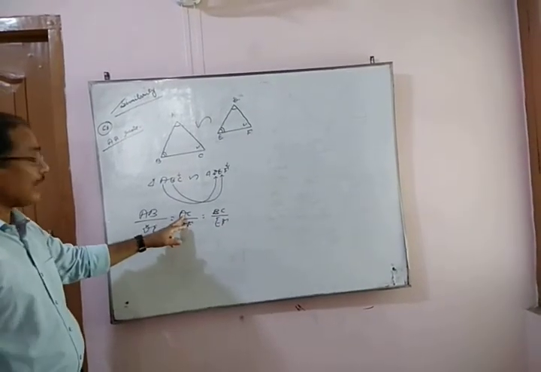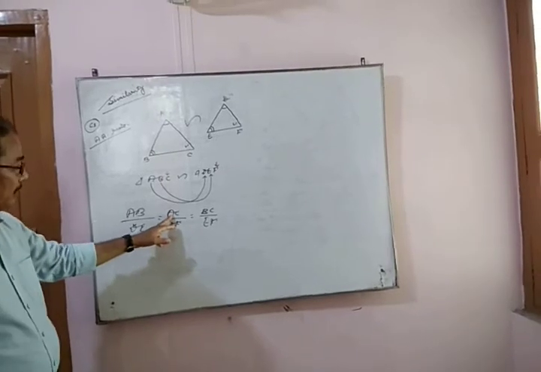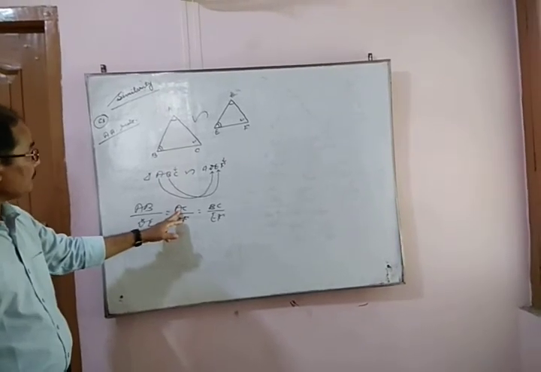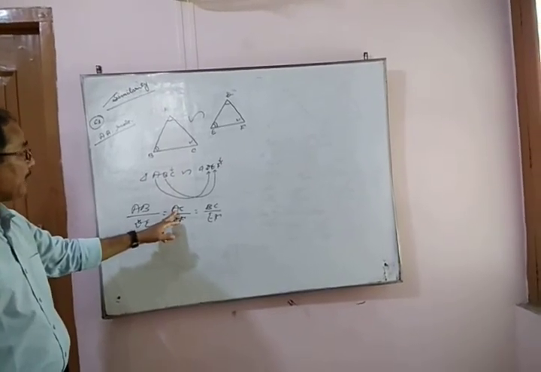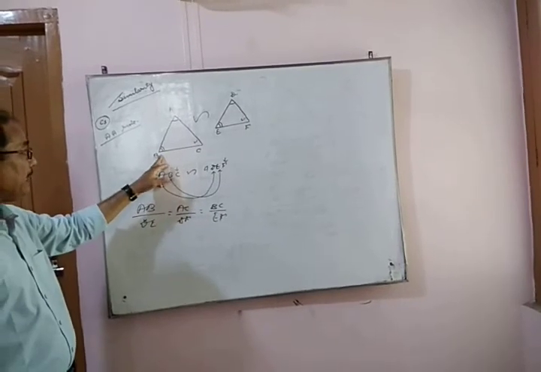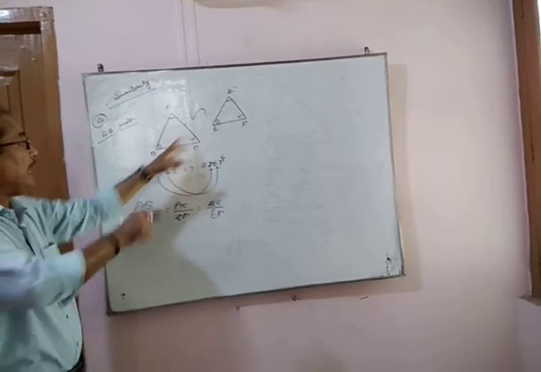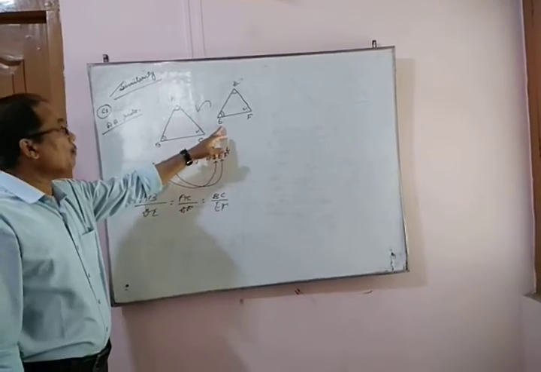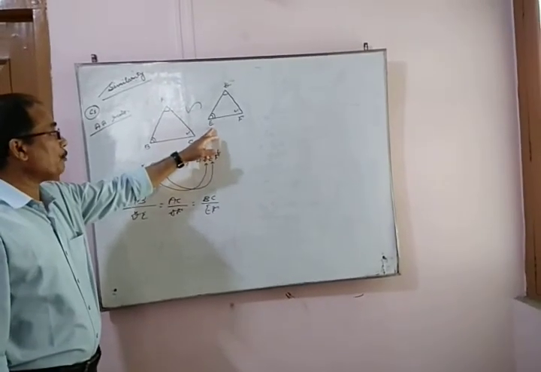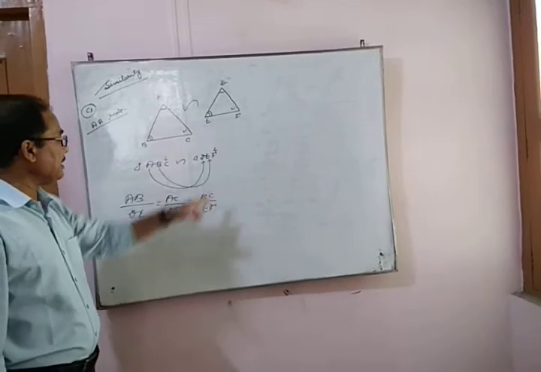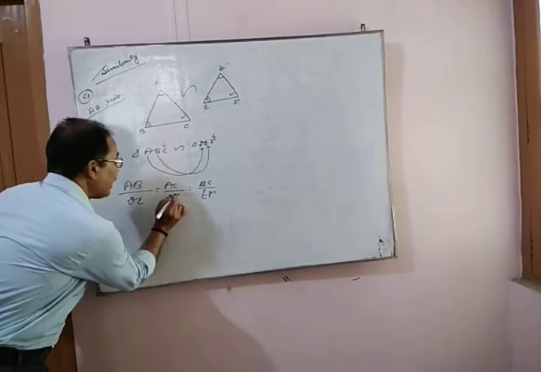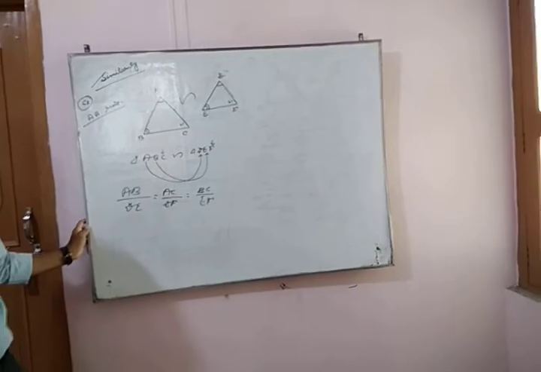Similarly, AC is the side of triangle ABC in front of angle B, and angle B is equal to angle E of triangle DEF, and in front of angle E the side is DF. So in this way we write their corresponding sides.